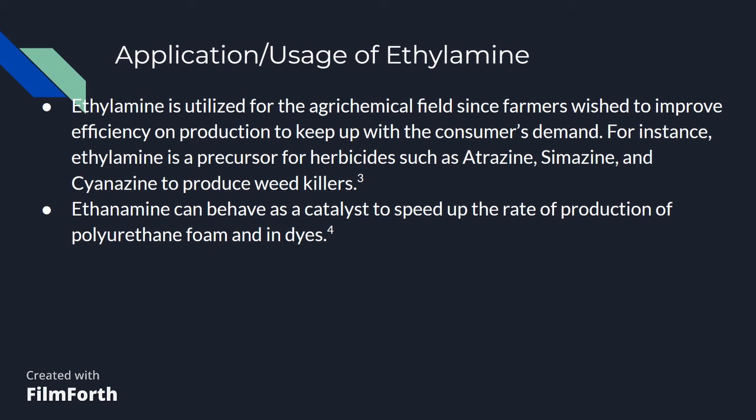Now, a specific example is that ethylamine is a precursor, such as how it's a precursor for tea roots, through atrazine, simazine, and cyanazine to produce weed killers. Now, ethylamine can also behave as a catalyst to speed up the rate of production of polyurethane foam and in dyes as well.